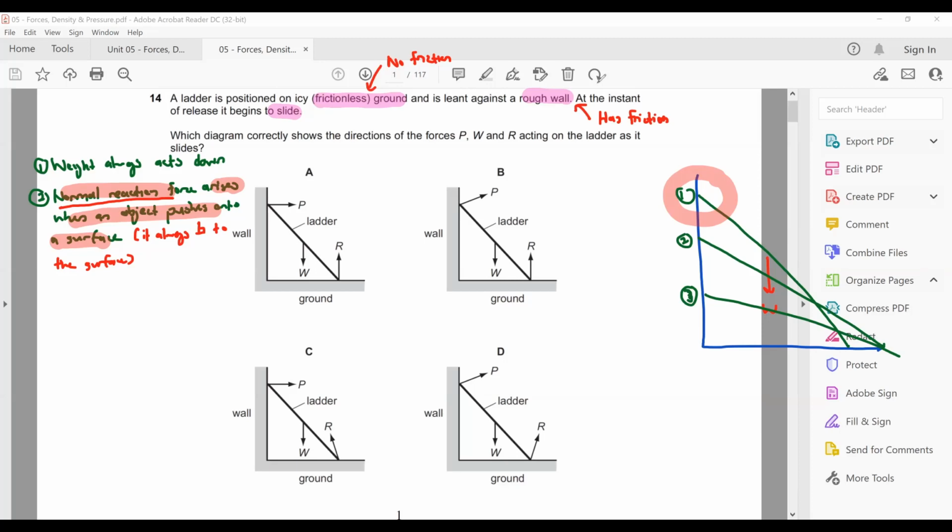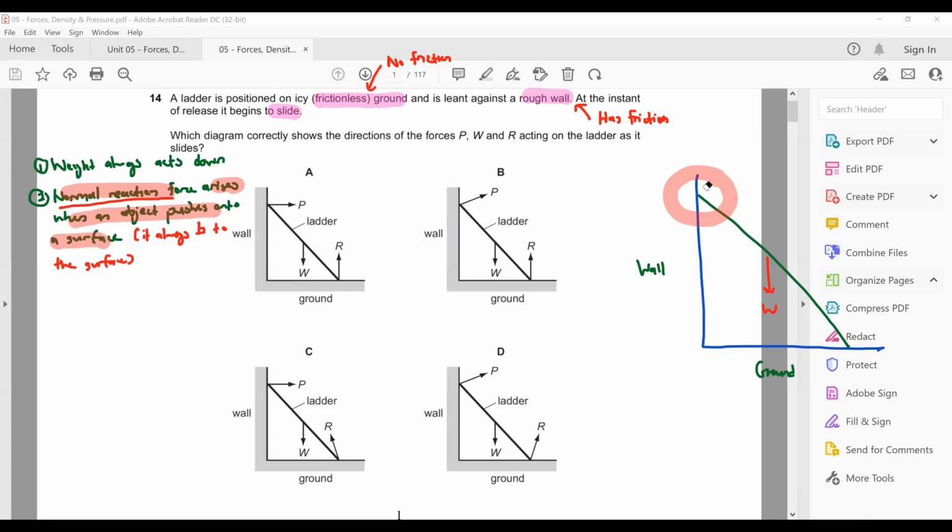So right now, if I just look at the first position here, is the ladder pushing against the wall? The red circled portion here. Is it correct to say that the ladder is pushing against the wall? No. It's slanted, it's leaning against the wall. You could say that it's pressing against the wall, right?